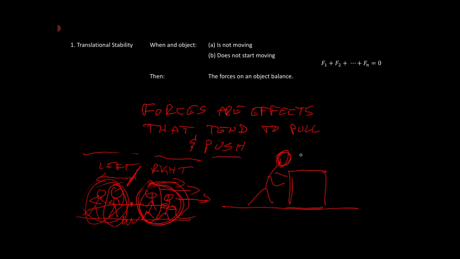Well, you're pushing this way, and the box would want to go this way, except the floor is rough, and the floor is pushing the box that way, which is why sometimes it'll topple over if you can't make it go this way, but if you're up here somewhere, you might actually make this thing topple over and go this way instead. So it depends on what's in the box and stuff like that, how high you push.